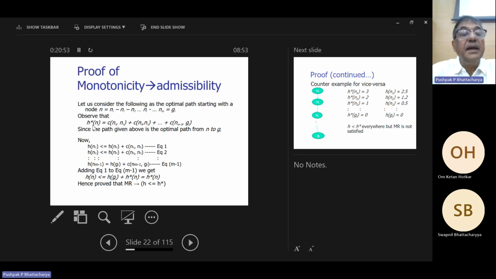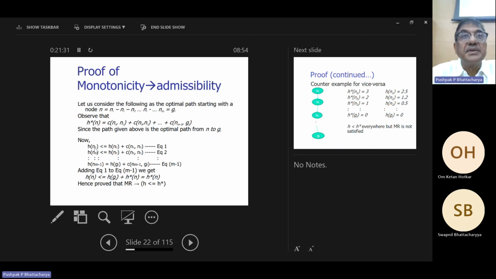So we observe that H star(n), that is the cost of the optimal path from n to G, must be equal to C(n1, n2) plus C(n2, n3) plus and so on, up to C(nm-1, nm), where nm is G. This must be H star, since the path given above is the optimal path from n to G. Now, H(n1) is less than or equal to H(n2) plus C(n1, n2), which is equation 1.